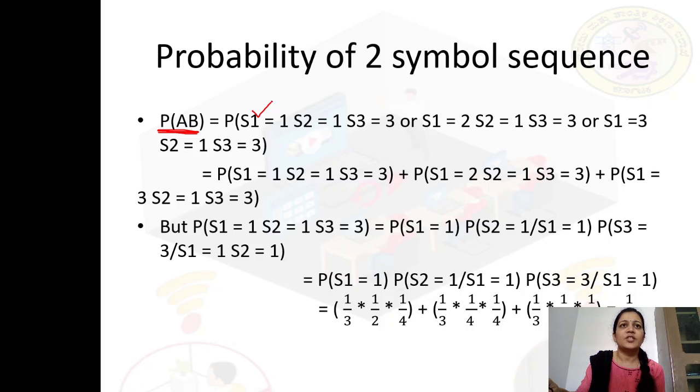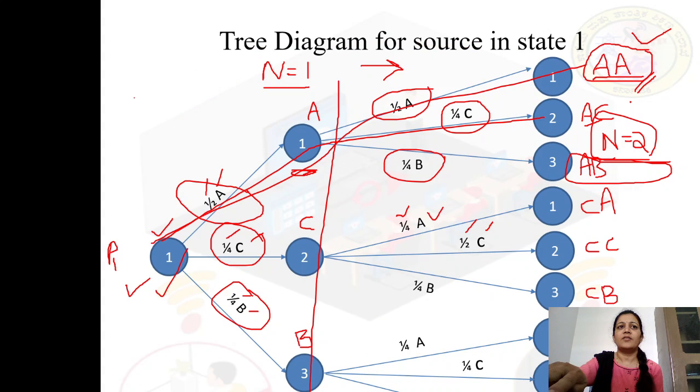When the initial state is 1, we have seen that AB is present. When the initial state is 2, we have seen that AB is present, or when the initial state is 3, again AB is present. Okay, we should check what the next states are also, right?